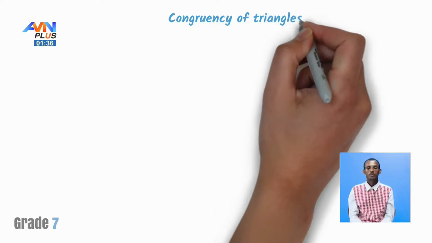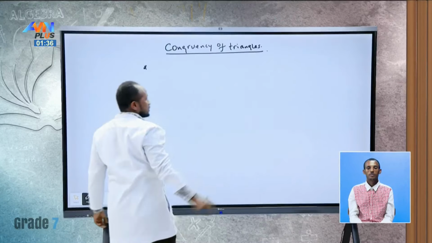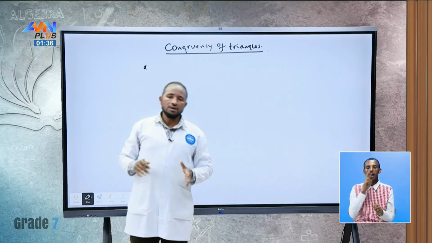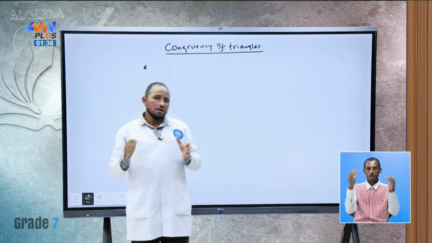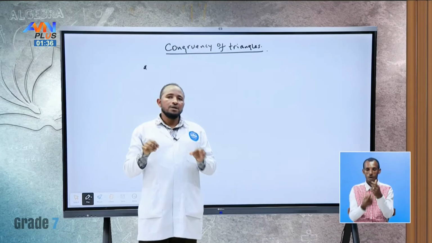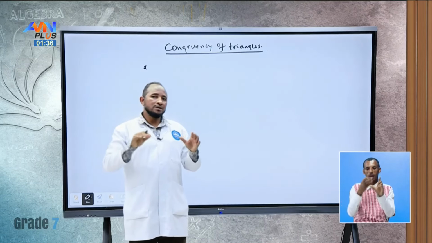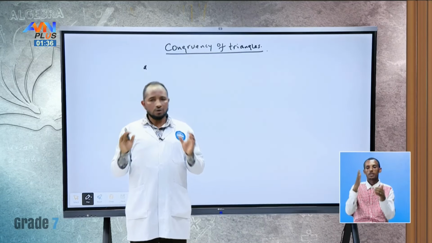Two triangles are said to be congruent if and only if their corresponding angles and their corresponding sides are congruent.